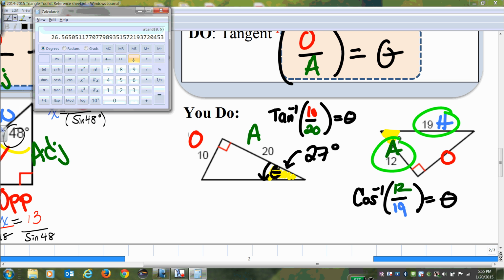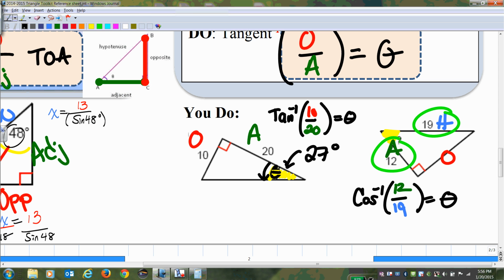On our calculators, we're going to go 12 divided by 19, inverse cosine. Notice I get 50.83 degrees, which is approximately 51 degrees. So this right here is 51 degrees.